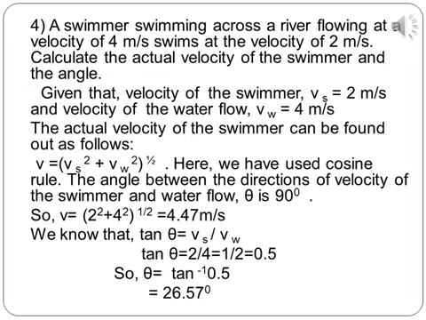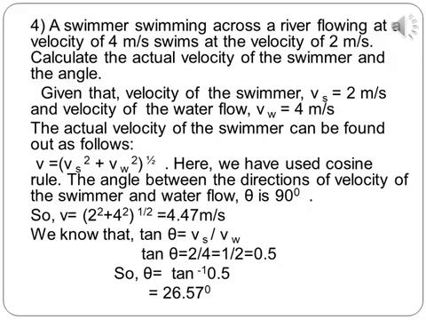So V is equal to square root of Vs square plus Vw square plus 2 Vs Vw cos 90, which is equal to square root of Vs square plus Vw square. So V is equal to 2 square plus 4 square the whole raised to 1 by 2, which is equal to 4.47 meter per second.